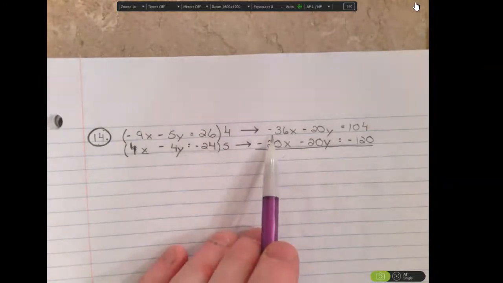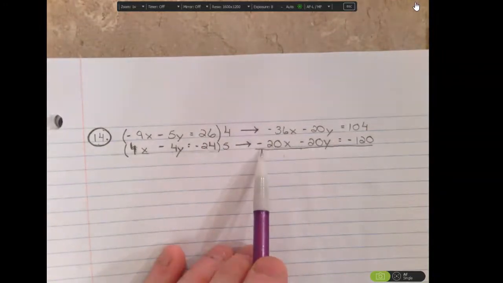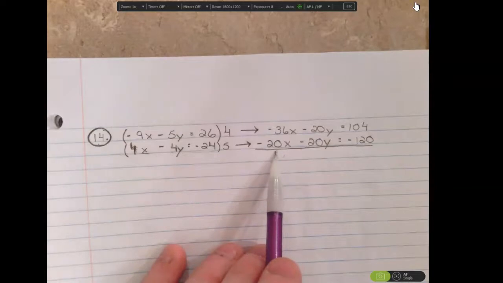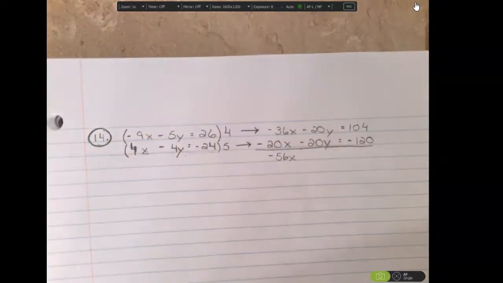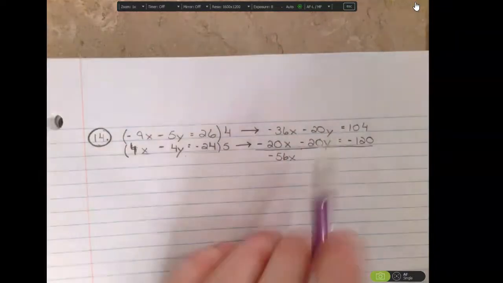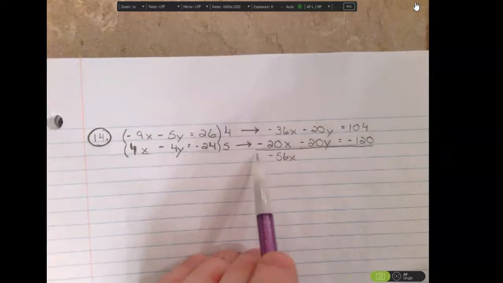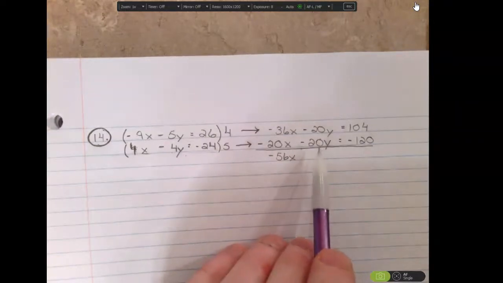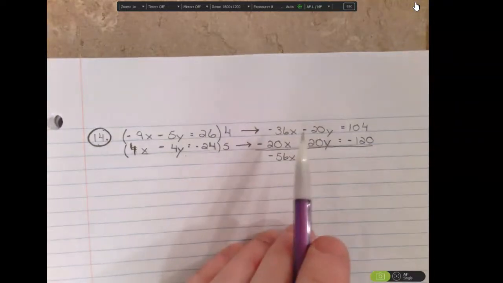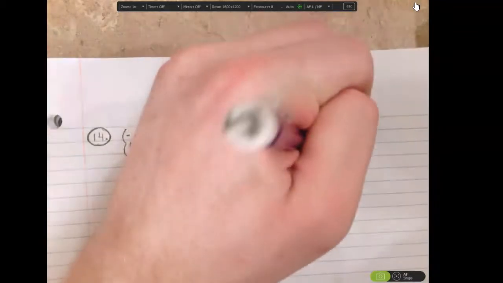So negative 36 minus 20. Negative 56x. Negative 20 minus negative 20. That's going to give you 0. So these will cancel.